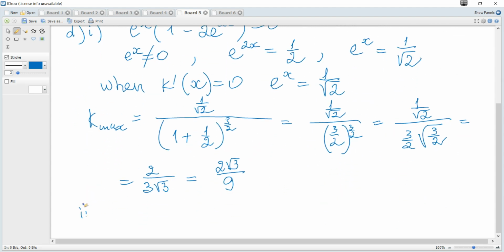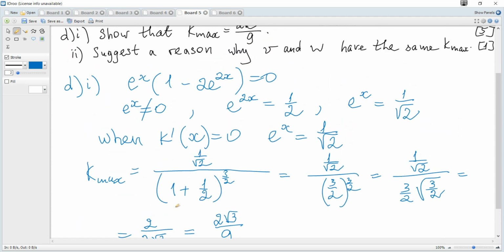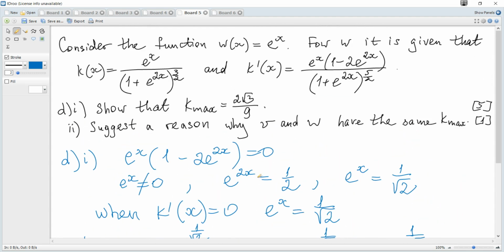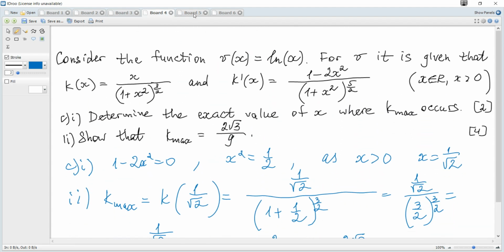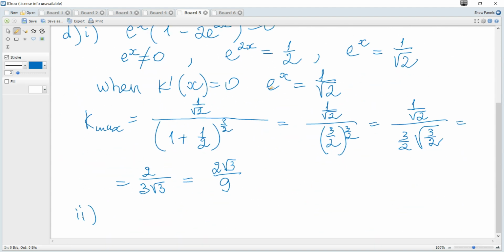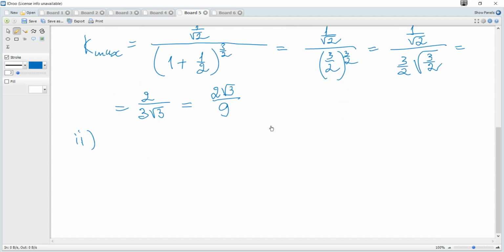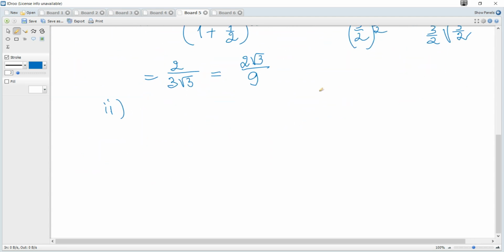And the next part suggests a reason why v and w have the same maximum curvature. It's because e to the power of x and ln of x are inverse functions of each other, and we know that for a function and its inverse, the curves are symmetrical about the line y is x.